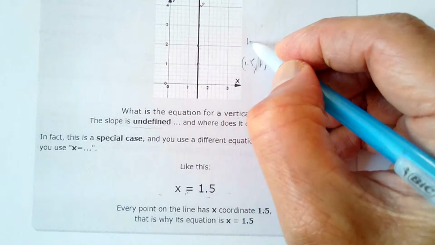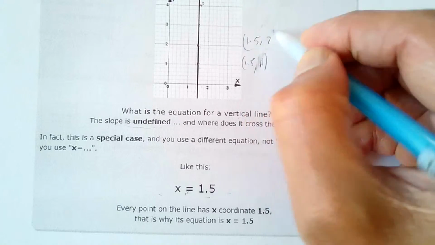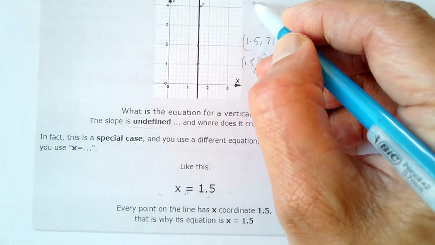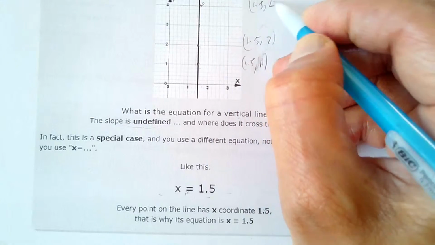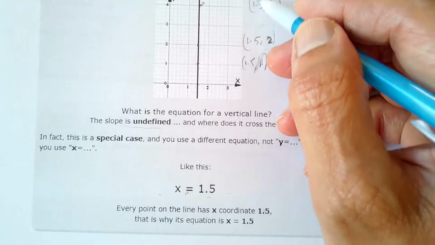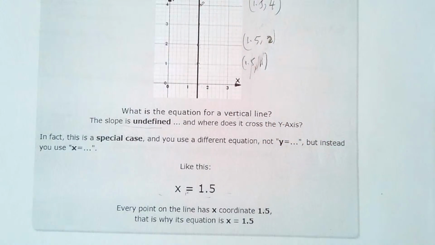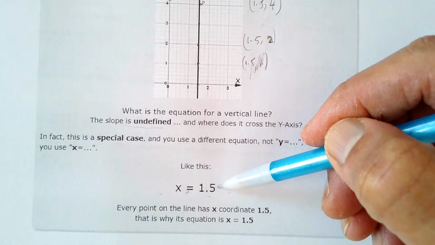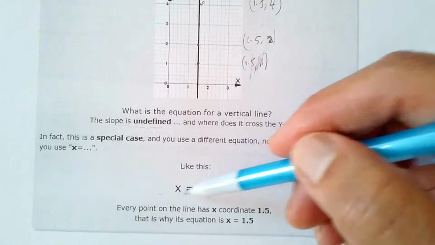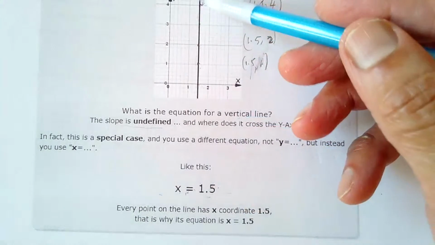Here, x is 1.5, y is 2, x is 1.5, y is 4. Notice what's consistent, your x is 1.5. That's why this could be written as x equals 1.5. That's the equation of this line.